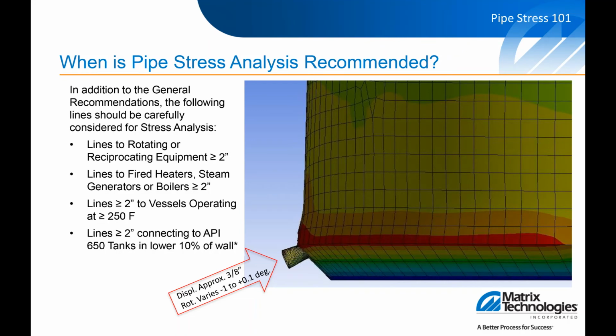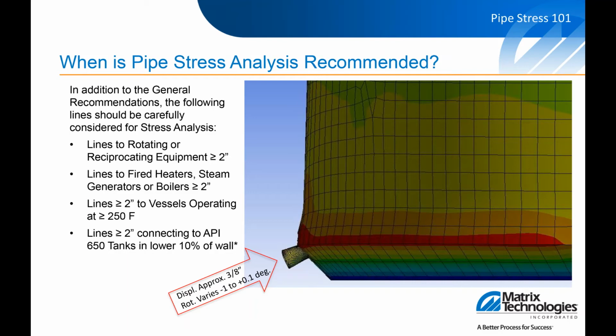But there's a few extra things. We tend to be a little more stringent because we've seen what pipe overstress can do and where the cracks in the recommendations are. So in addition to the general recommendations, we tend to follow these additional requirements.